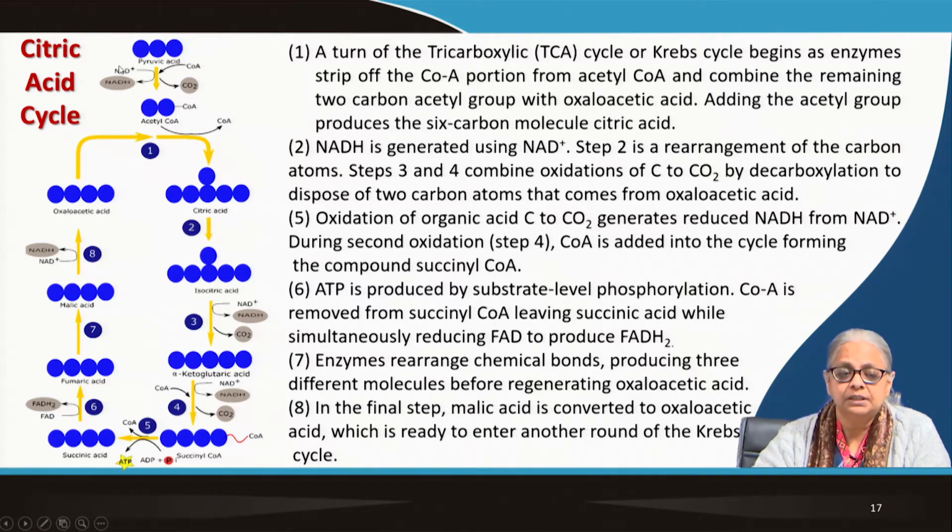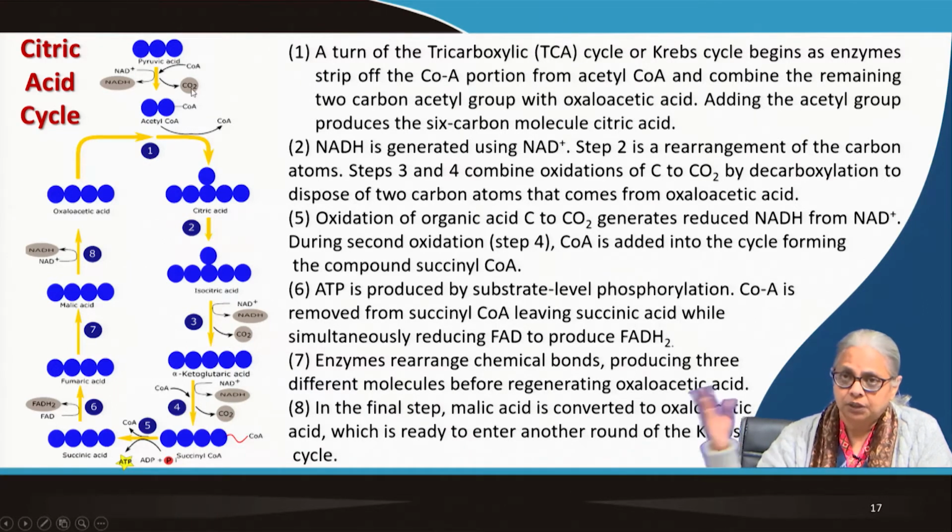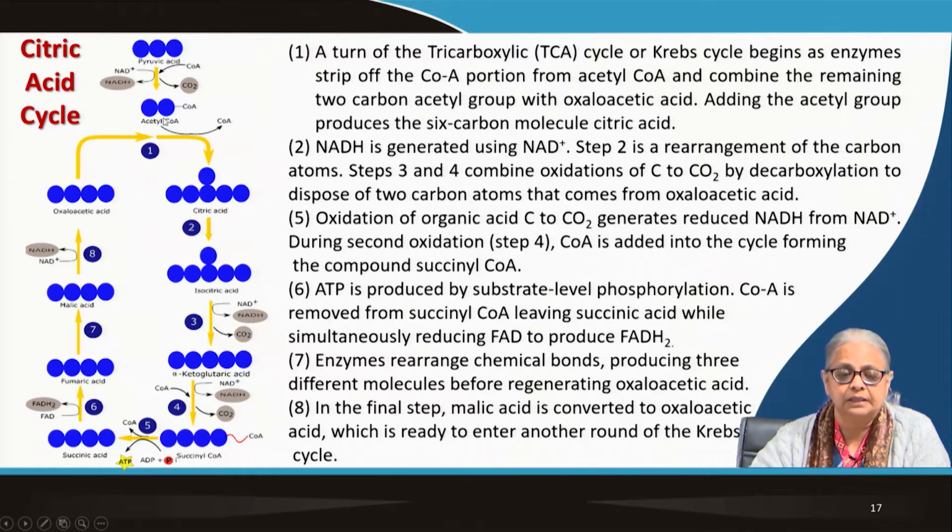Now for the first step, NAD plus is converted to NADH, and one of the CO2s is released. Now this acetyl-CoA, as I said, enters into this cyclic set of reactions which have several key intermediates. So you have acetyl-CoA, and CoA is released, it's a coenzyme, so it has to be released.